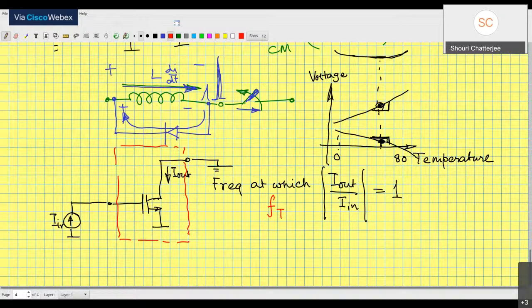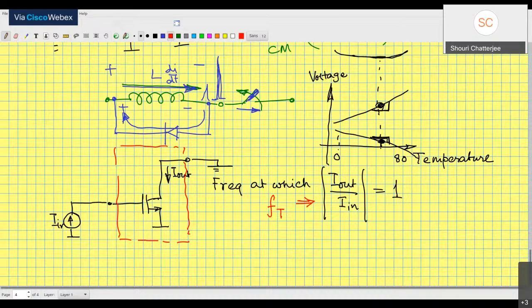So this is the definition: the frequency at which I out by I in magnitude is equal to 1. Now why is this important? It's important because beyond this frequency, you will not be able to get a power gain from this circuit, right?